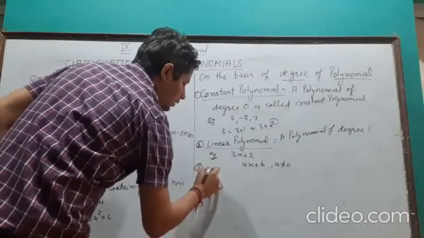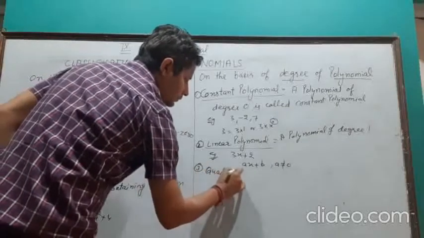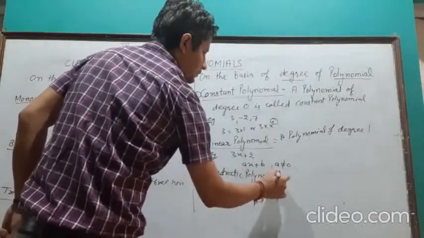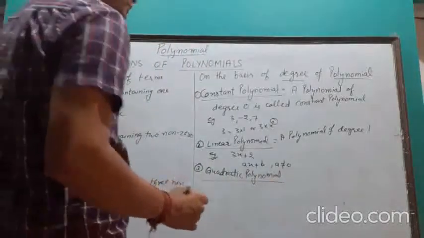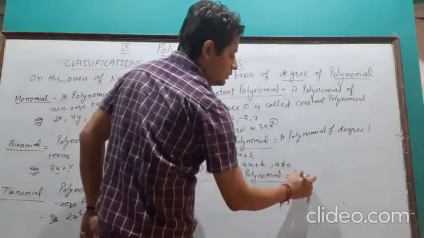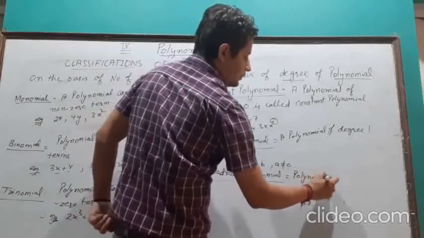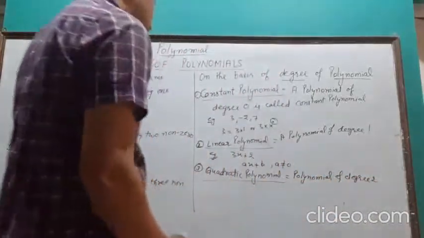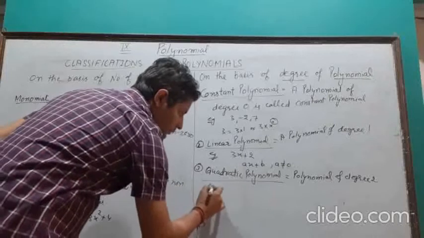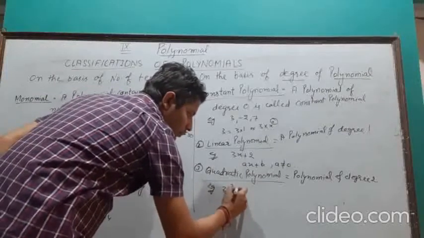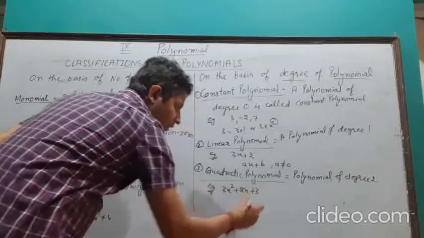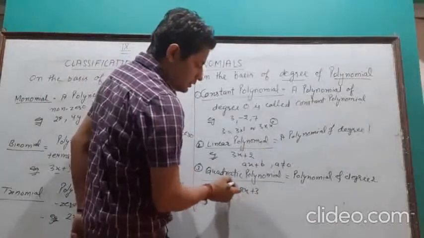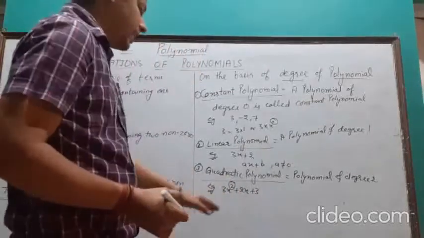Third is quadratic polynomial. Quadratic polynomial is a polynomial of degree 2. For example, 3x raised to power 2 plus 2x plus 3. If we observe here, the degree of this polynomial is 2 because the highest power of x is 2.